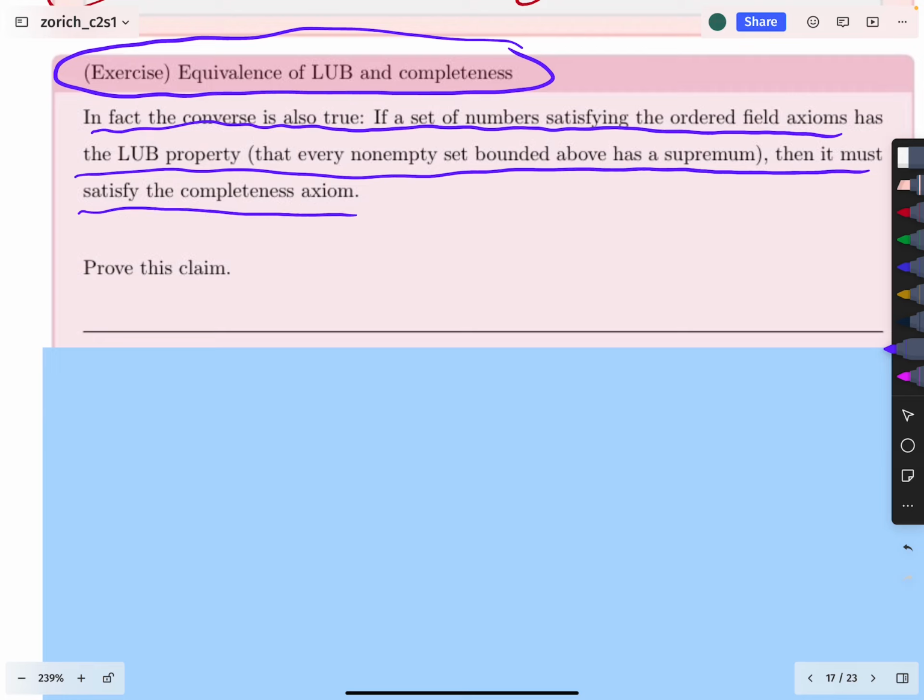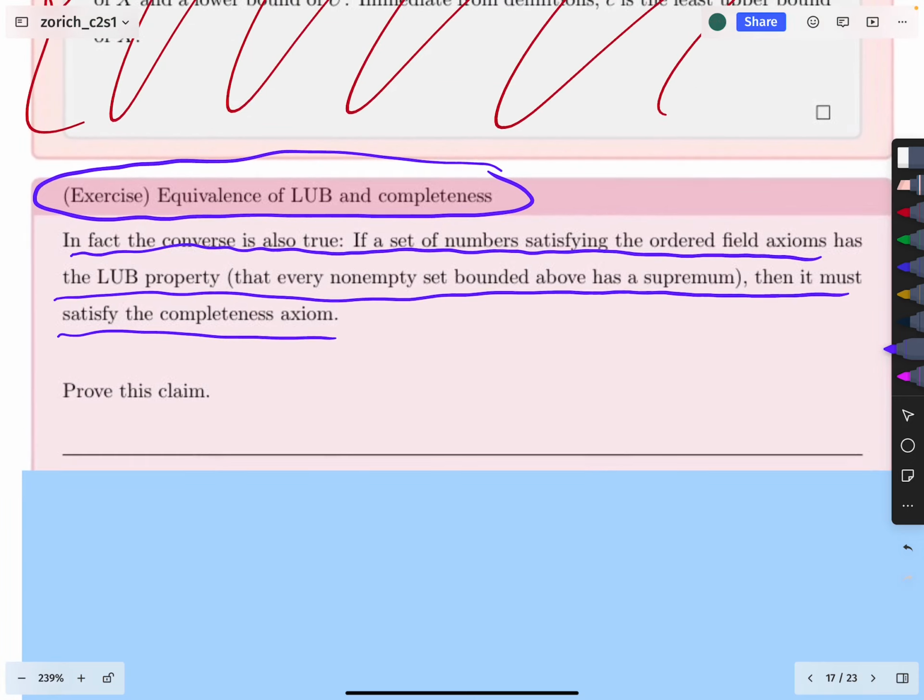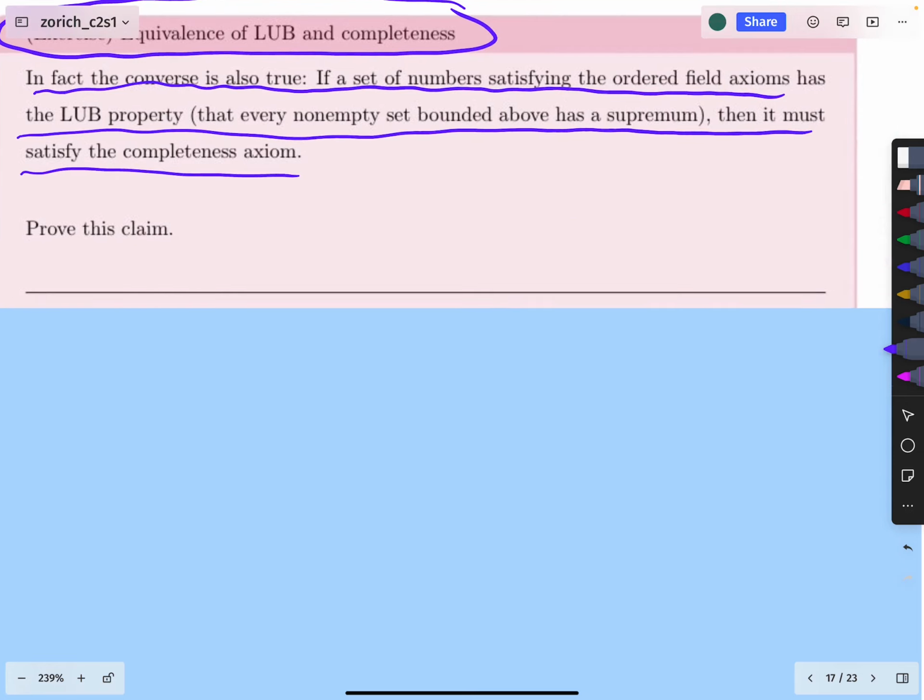So basically they're interchangeable. We could have removed the completeness axiom and replaced it with the LUB property, and we would have exactly the same conditions. So, right, because up above we proved that completeness implies LUB. Here we're going to prove that LUB implies completeness. So that is your exercise. Prove this claim, and I'll show my proof in the next video.